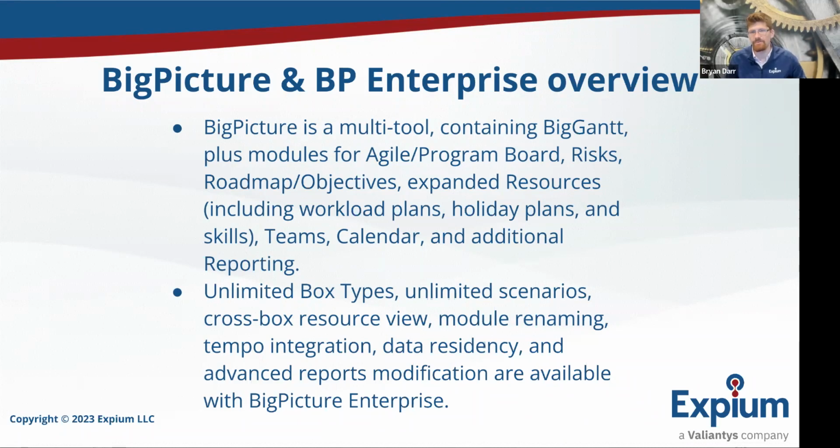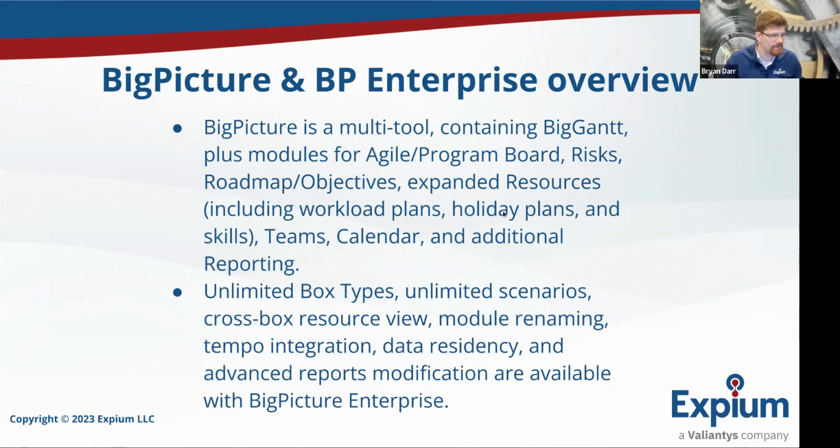And let me talk about the tool organization, because I have to explain that to explain boxes. With big picture and big picture enterprise, you get unlimited box types, you get unlimited scenarios, you get a cross box resource view. A box is kind of like a Gantt/plan. You get module renaming, tempo integration, data residency controls, advanced reports modifications.